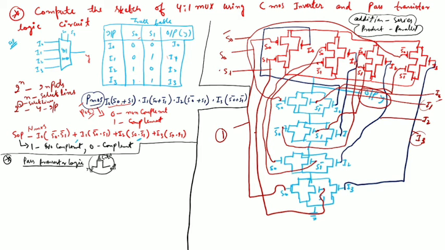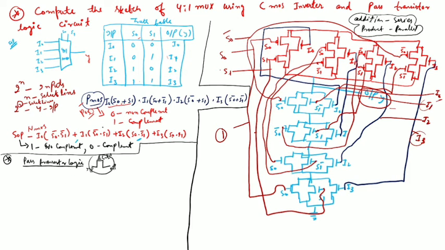And similarly, when S0 and S1 are both 1 1, active from all these inputs, then we get I3 at the output. So this is the CMOS inverter circuit for the 4:1 multiplexer.